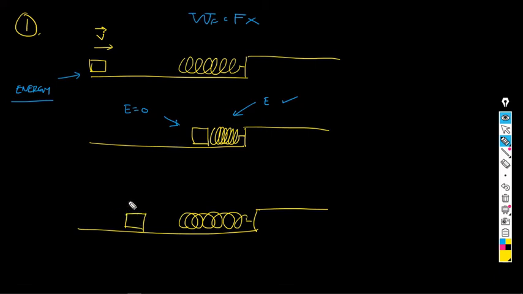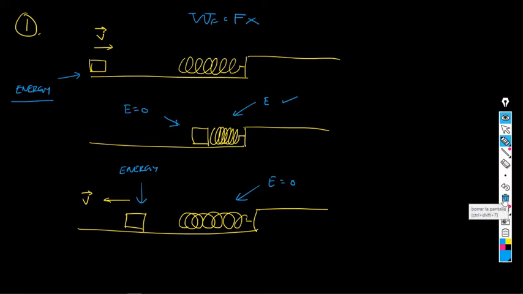So the box now will be moving in this direction, and one more time we say that the box has energy because it's moving. And now the energy of the spring is one more time 0. So this is an example of conversion of mechanical energy, which the box has, into something called potential energy of the spring.